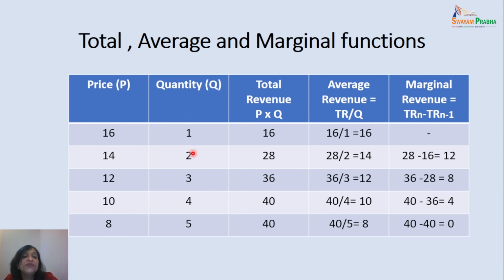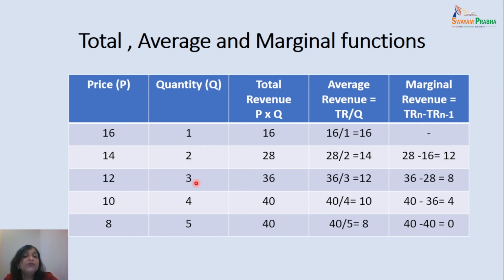With selling of this 1 extra unit, we are seeing some change in revenue. What is the change? Earlier you were earning 16 rupees. Now you are earning 28 rupees. So 28 minus 16, that is 12, is your marginal revenue.